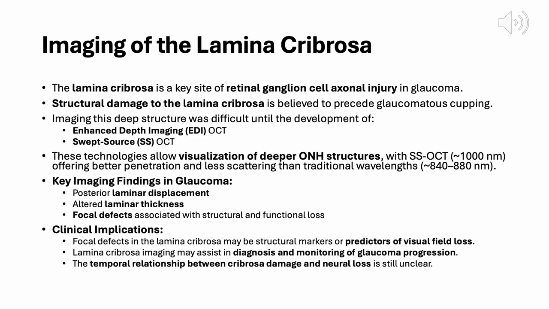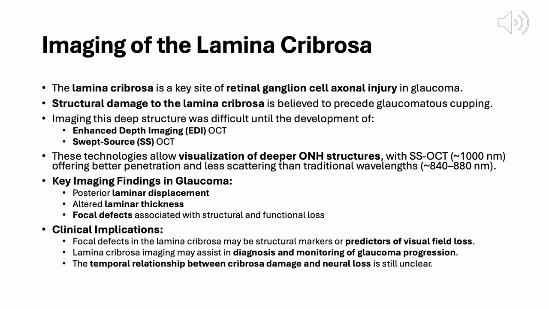The lamina cribrosa plays a central role in glaucomatous damage. It's the site where retinal ganglion cell axons exit the eye, making it particularly vulnerable to injury. Structural changes in the lamina cribrosa are believed to occur early in the disease process, potentially even before we see classic optic nerve cupping.